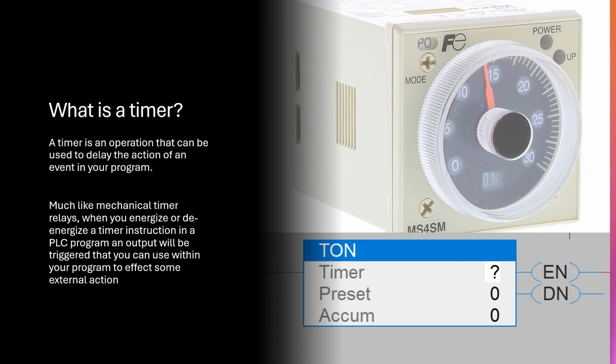Over here we have an example of a timer used in Studio 5000. This is one version of the timer instruction, but most timer instructions available in Studio 5000 look similar in structure. They just change the acronym.